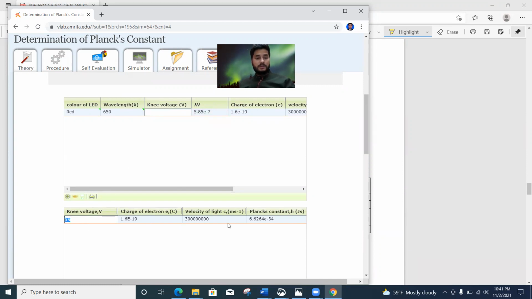Then we find the corresponding value, and finally we get the value of Planck's constant with knee voltage 0.9 and 5.85: 6.6264 into 10 to the power minus 34. This is closely related to the hypothetical value of Planck's constant.